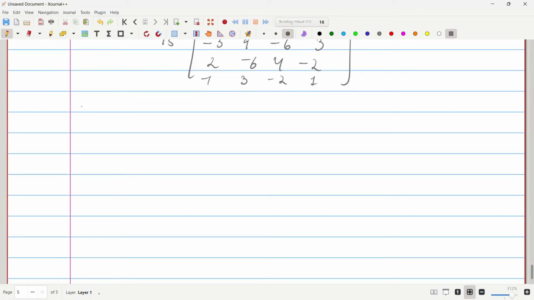Least square approximation. Okay, so we know that the general equation for solving is Ax equal to b.